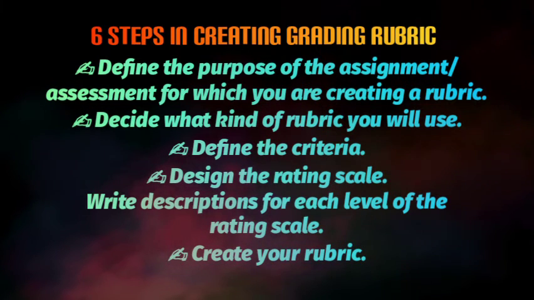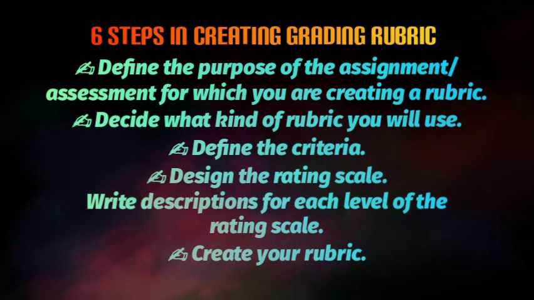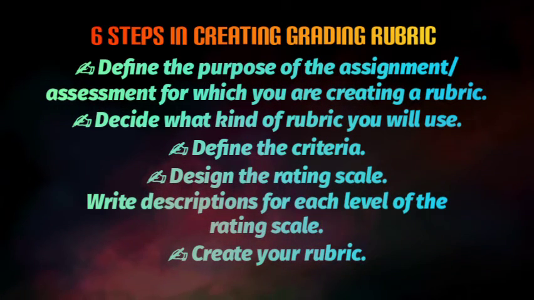What might an exemplary student product or performance look like? And what kind of feedback do you want to give students on their work or performance? The second step is decide what kind of rubric you will use. Is that a holistic rubric or an analytic rubric?